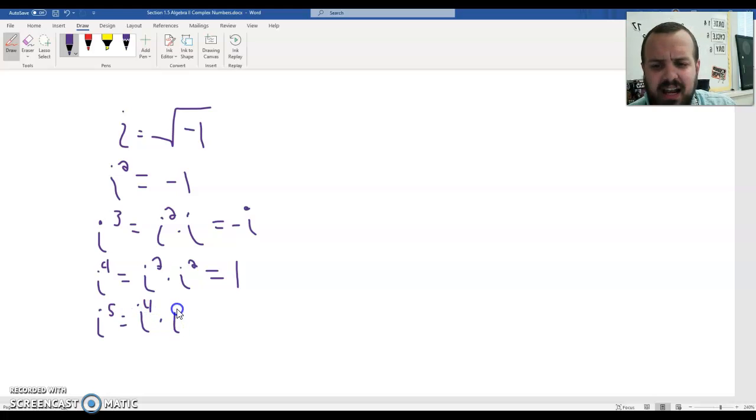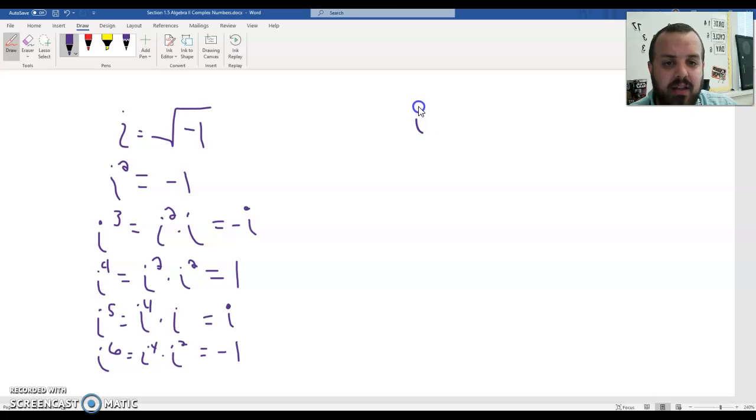As we just said, i to the 4th is 1, so 1 times i is just going to equal i. The next one, i to the 6th, that's going to be i to the 4th times i squared. Again, i to the 4th is 1, and i squared was -1, so that's going to equal -1.